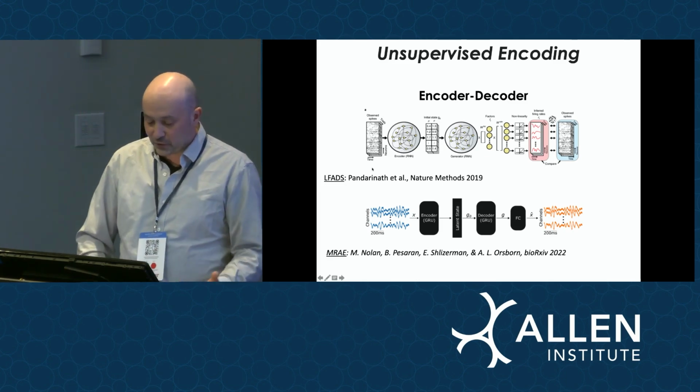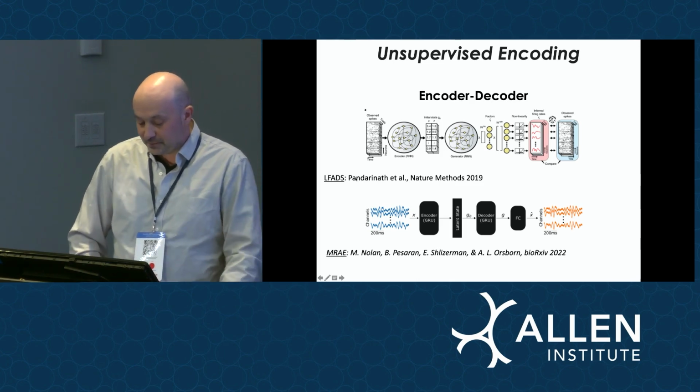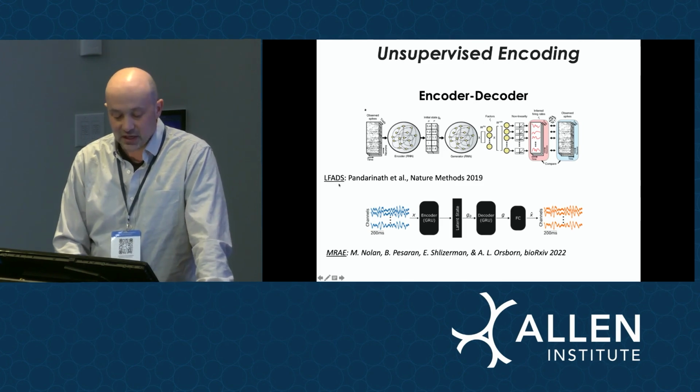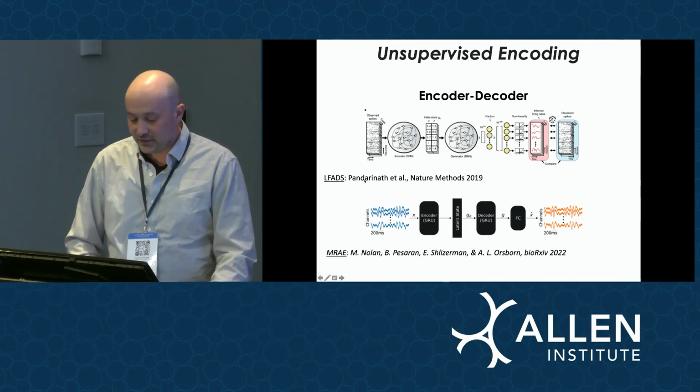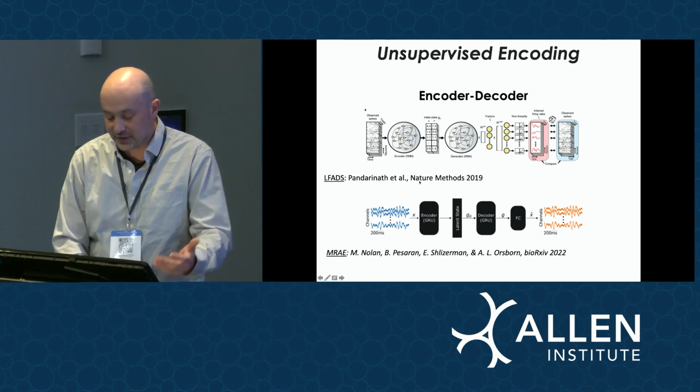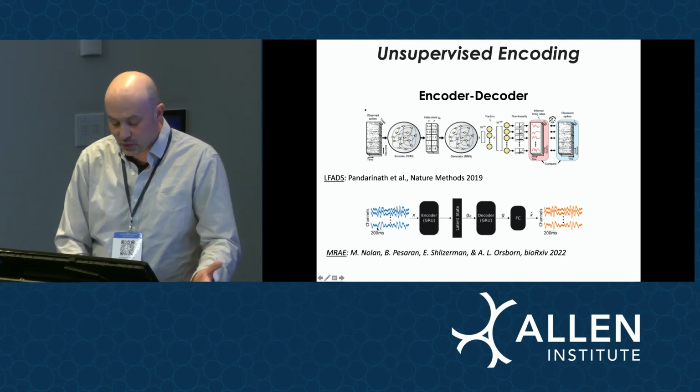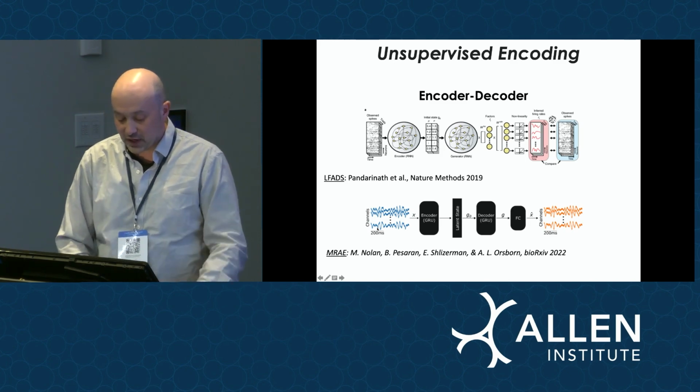And for this paradigm, networks such as LFADS would be very compatible with it. This is well known in neuroscience, published in Nature Methods. Or it could be for other signals.